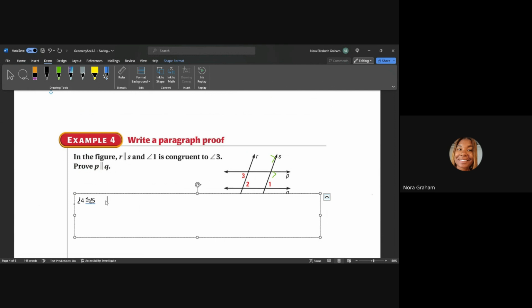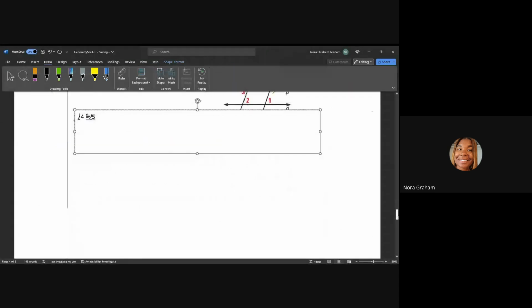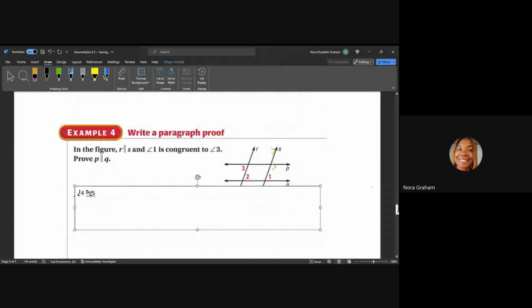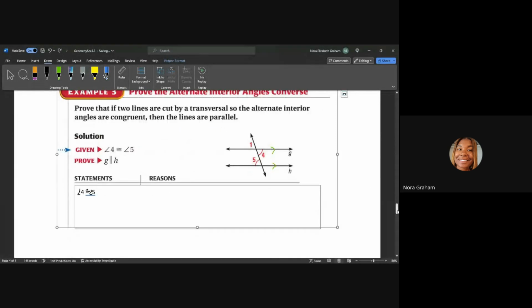And that's going to be given. It's not liking me typing in, so I'm going to write given. And I'm going to use abbreviations just so it doesn't take me as long. All right, so that's step 1.